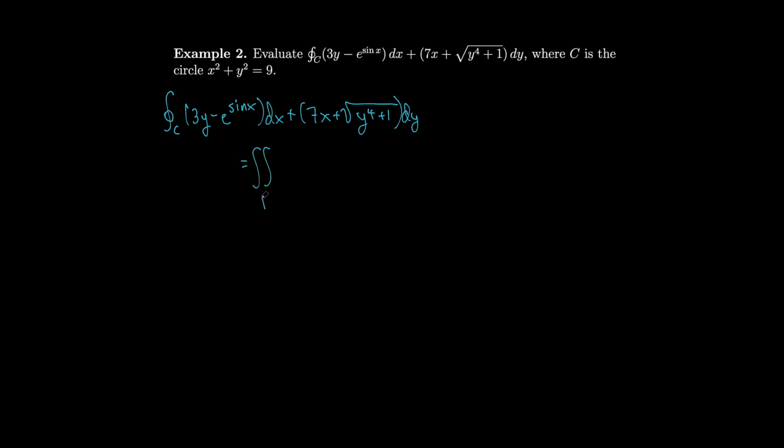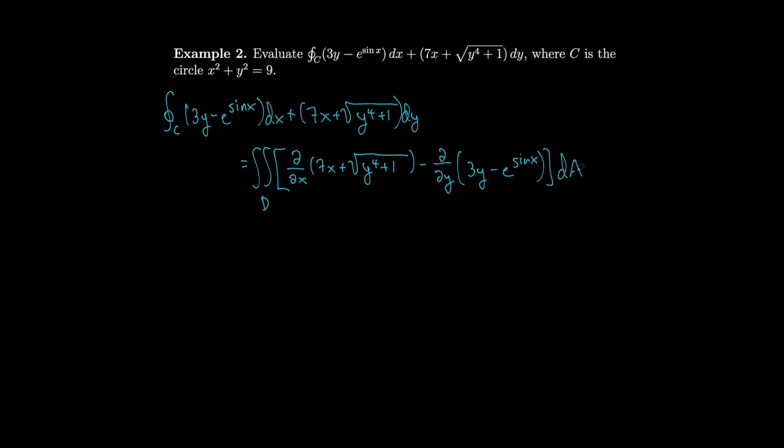So how about the double integral over D, where D is the disk, so it's inside the circle, and that'll be the partial with respect to x of Q, so that's 7x plus the square root of y to the 4th plus 1, and then minus the partial with respect to y of P, which is 3y minus e to the sine x.